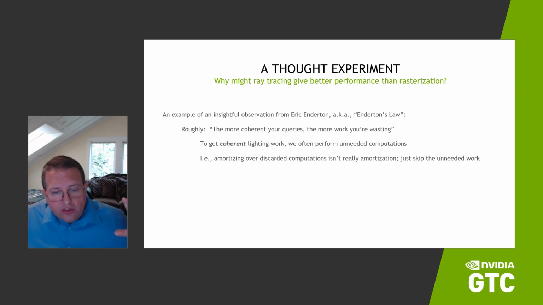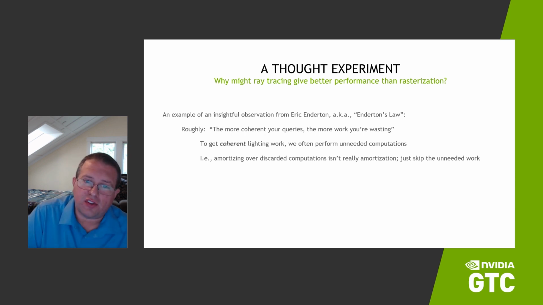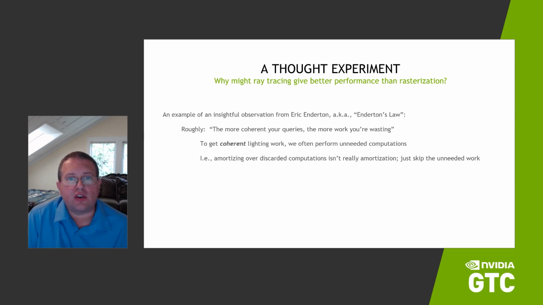We try to get more coherent work, but this often introduces unneeded computations. And what Enderton's law is saying is amortizing over discarded computations isn't actually really a form of amortization at all. It's a form of wasted work, and you should just skip that unneeded work.